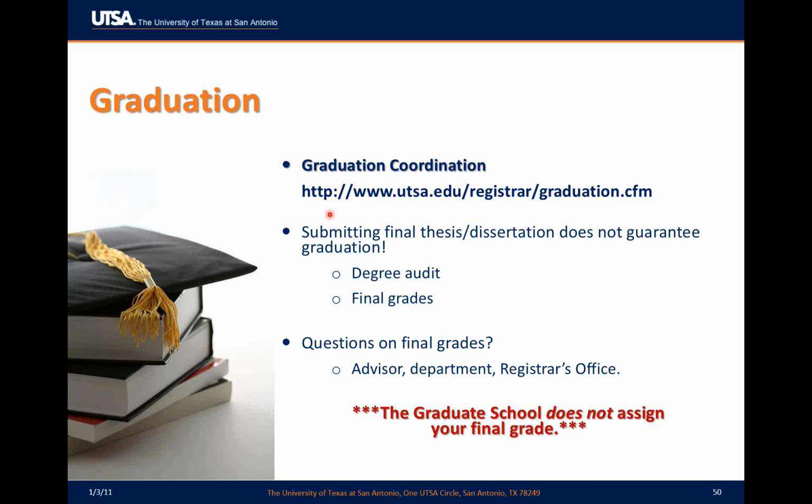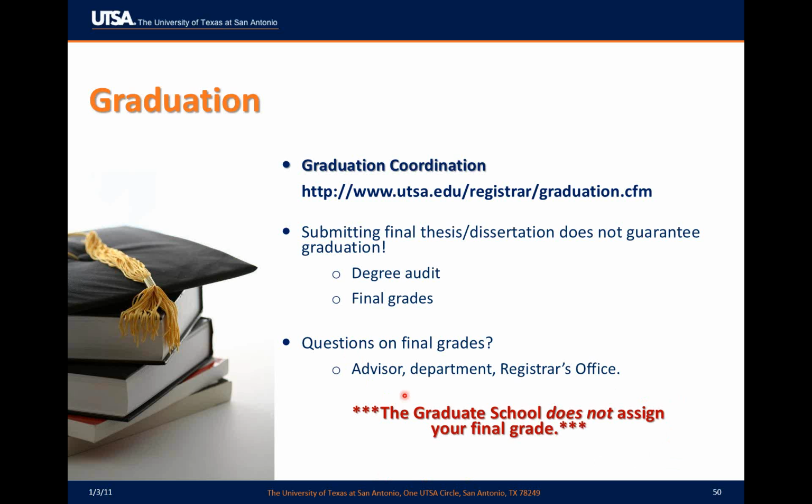Another thing to note, remember, submitting a final thesis or dissertation does not necessarily guarantee graduation. Your degree audit needs to clear, and your final grades need to go through. So degree audit is handled by your college, and then final grades. One thing I want to state about this, if you have questions on your final grades, you need to go to your advisor, to your department, or to the registrar's office. Make sure that you remember this. The graduate school does not assign your final grade.